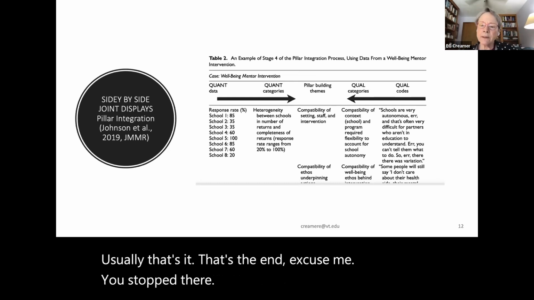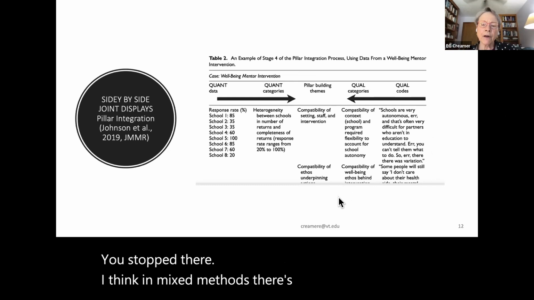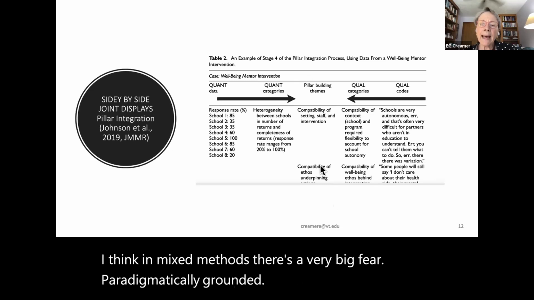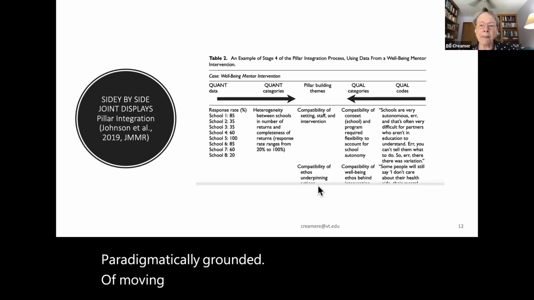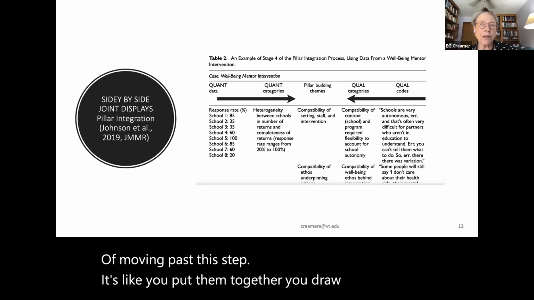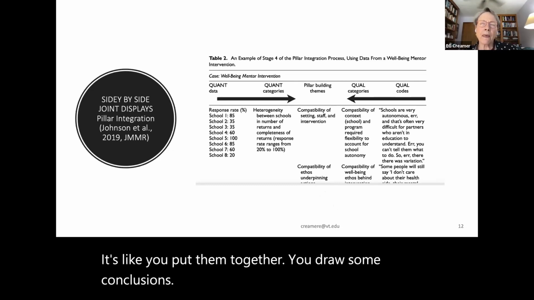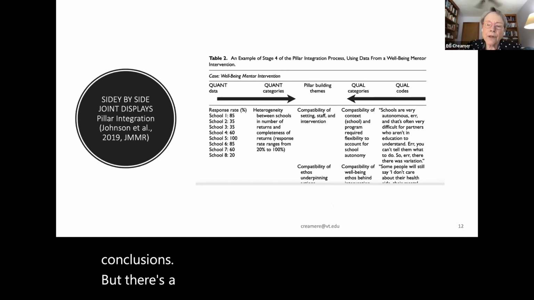I think in mixed methods, there's a very big fear, paradigmatically grounded, of moving past this step. It's like you put them together, you draw some conclusions, but there's a huge reluctance to go much past that.